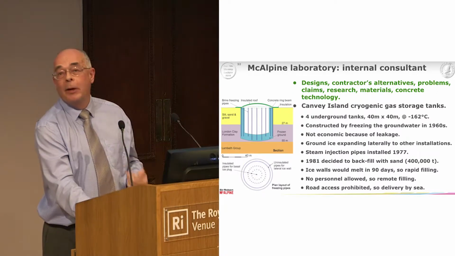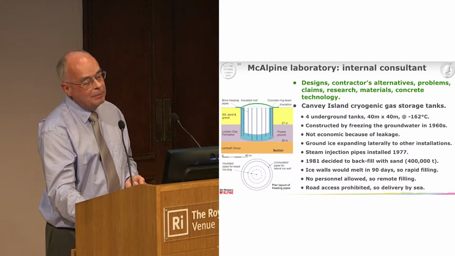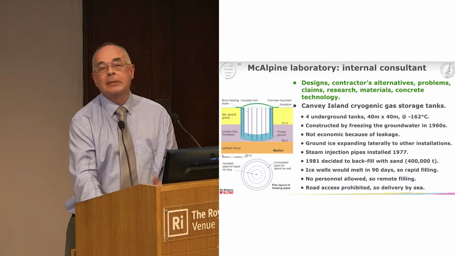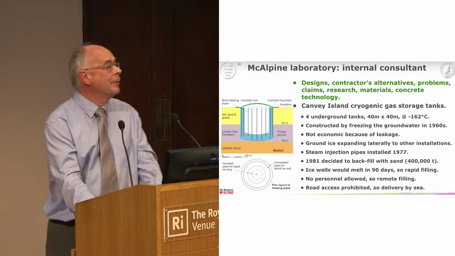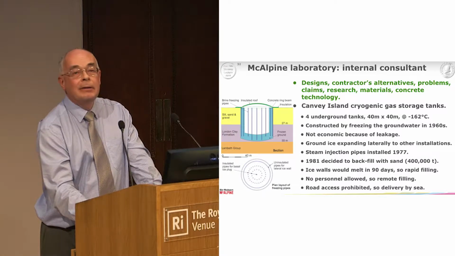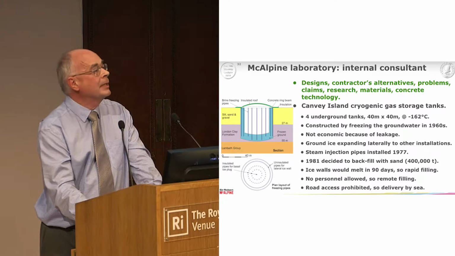Anyway, one of the very first jobs that I took on, from my predecessors, was this cryogenic gas storage problem. Four tanks had been built, 40 metres by 40 metres, in the 1960s by ground freezing, basically creating a 6-metre thick ice wall and an 8-metre thick ice plug.